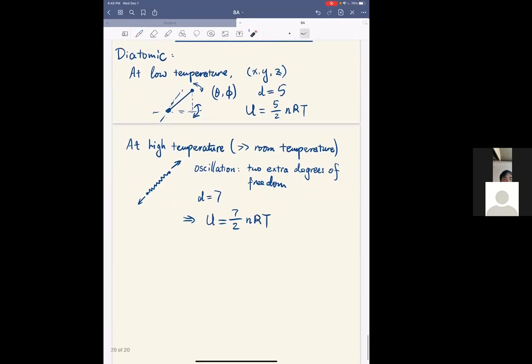And the picture here is that at low temperature, it's just a rod, but at higher temperature, you can think that the oscillation gets excited. Because at high temperature, there's more energy, and that energy just excites the oscillation.